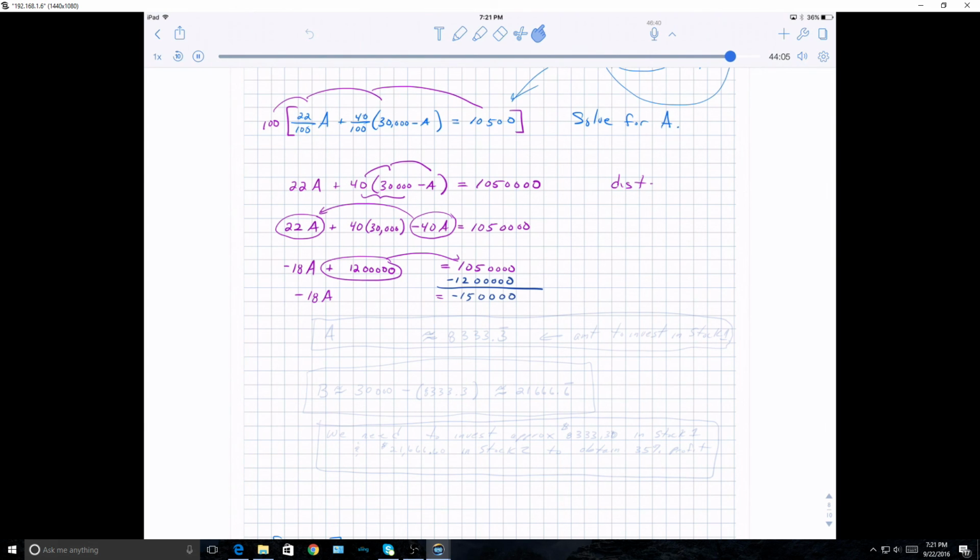And then if we just divide that by the negative 18, we get an approximate answer, actually, of 8333.3. And I'll just leave it at that moment right there. So this would be the amount to invest in stock 1.